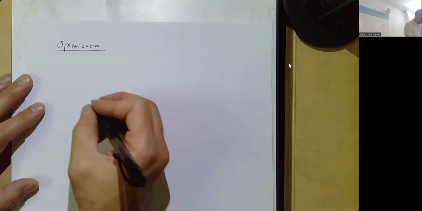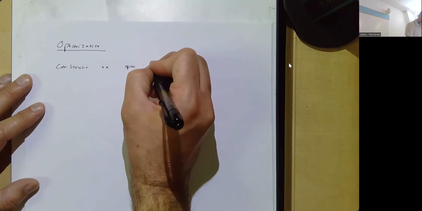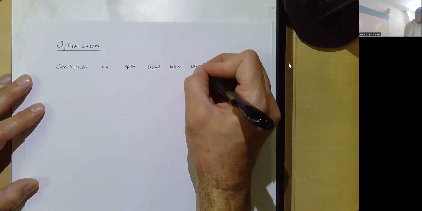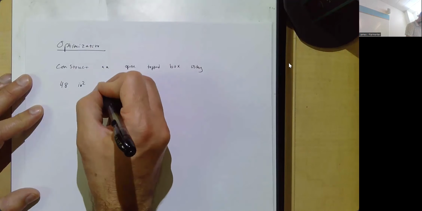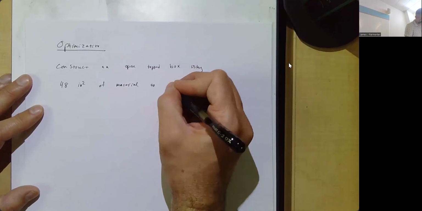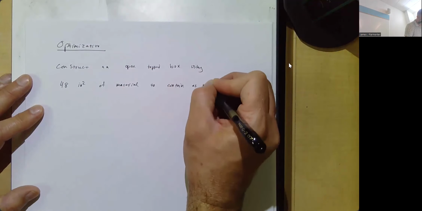So we want to construct an open top box using 48 square inches of material to contain as much volume as possible.